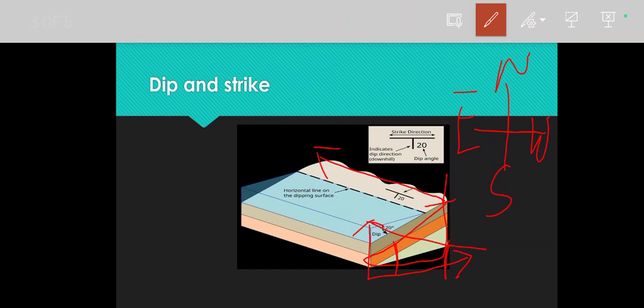Now I'll explain what is true dip and what is apparent dip. So friends, here the strata is inclined at almost 20 degree from the horizontal surface. So in the vertical plane, when the dip and strike are at 90 degree, here you can see the strata is something like that.